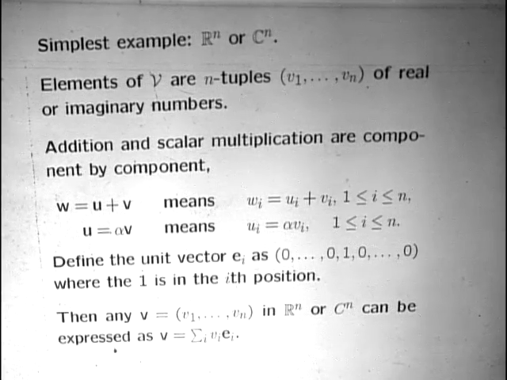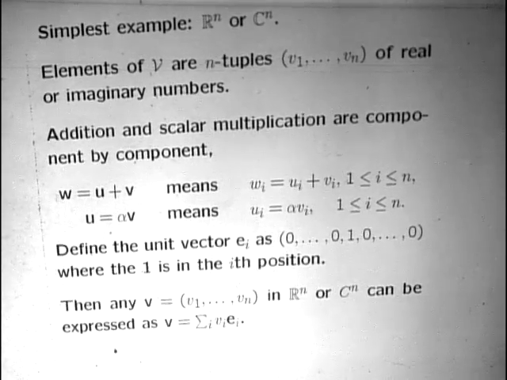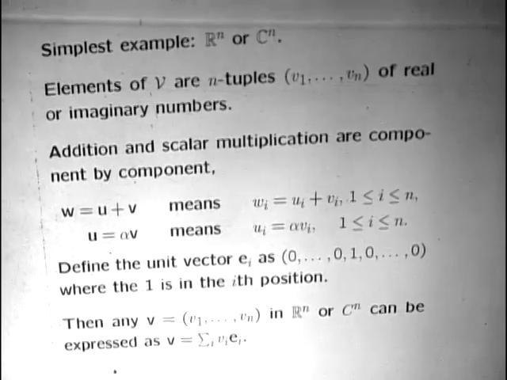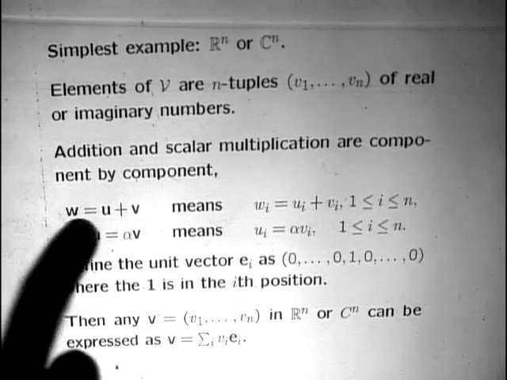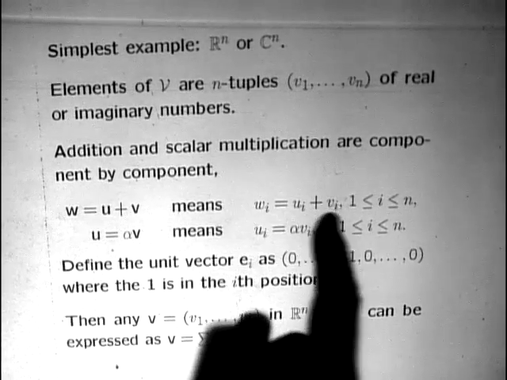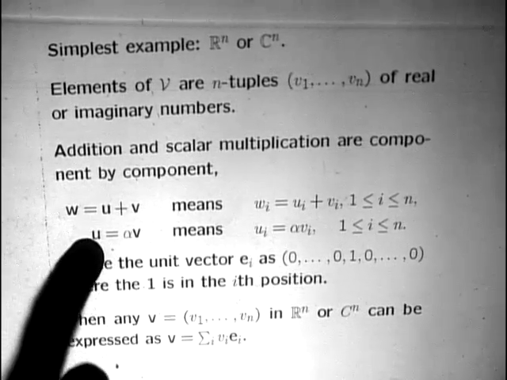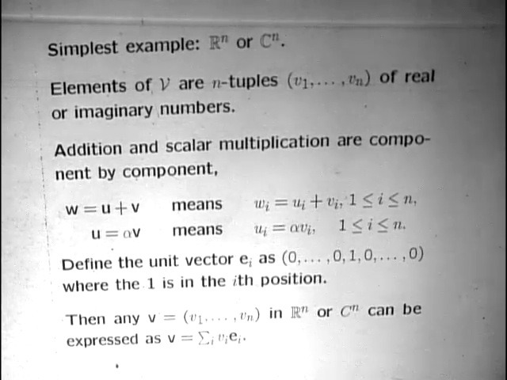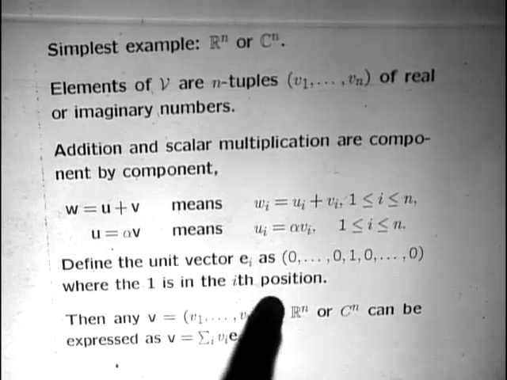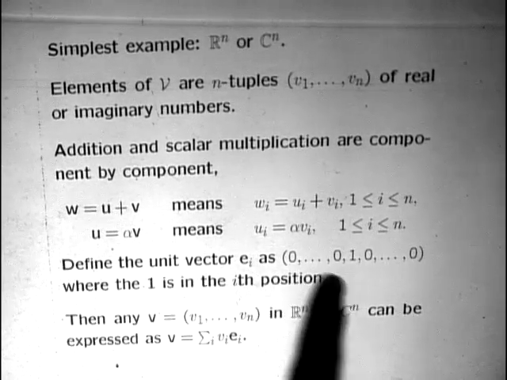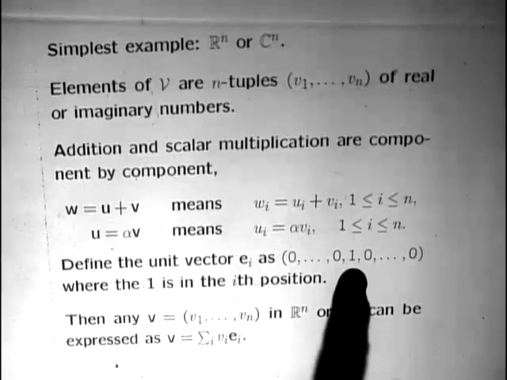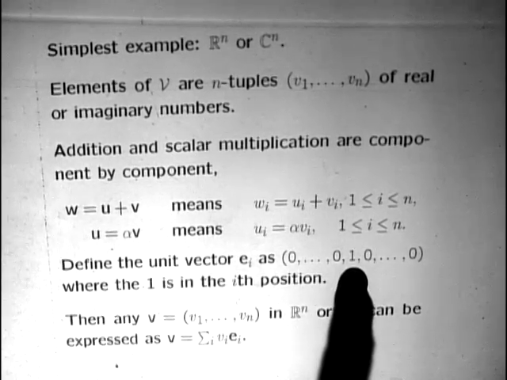C sub n is n tuples of complex numbers. Okay, addition and scalar multiplication are component by component, which we just said. In other words, w equals u plus v means this for all i. Scalar multiplication means this. The unit vector, e sub i, is a 1 in the ith position, a 0 everywhere else.